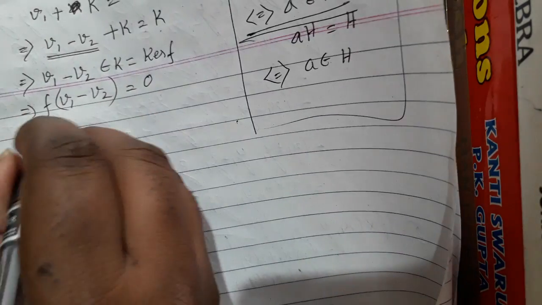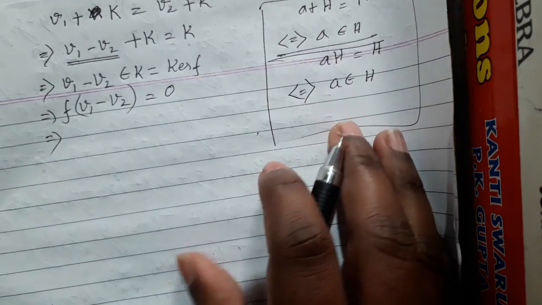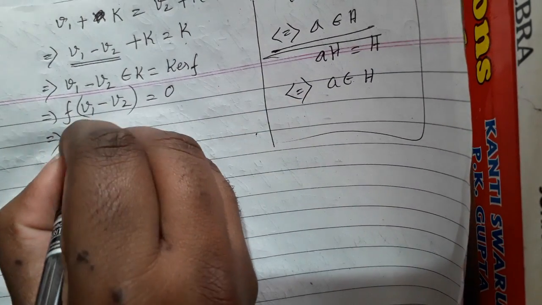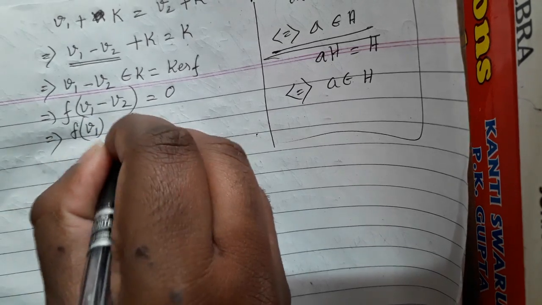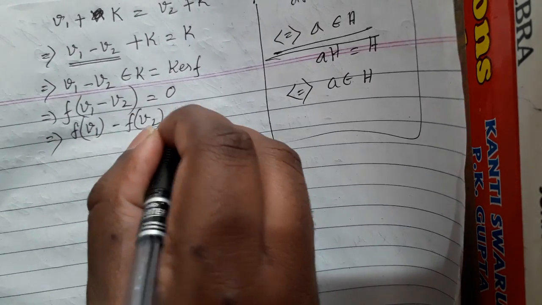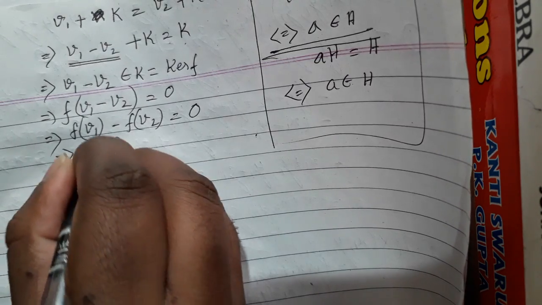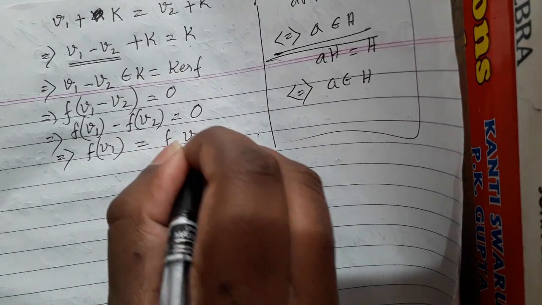Since f is a linear transformation, we can write f of v1 minus f of v2 is equal to 0. So this implies f of v1 equals f of v2.